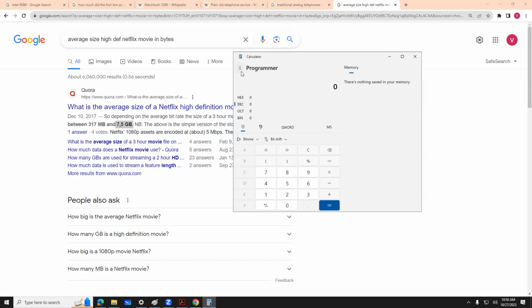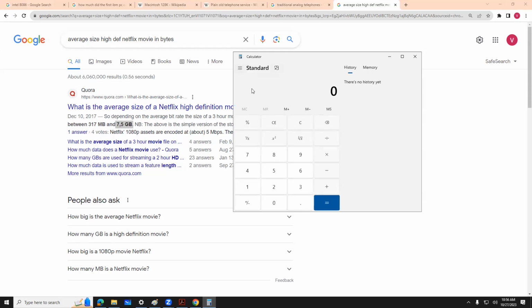56,000, right? Everybody with me? 56,000 warbles make 56,000 bits. I have to divide by 8.